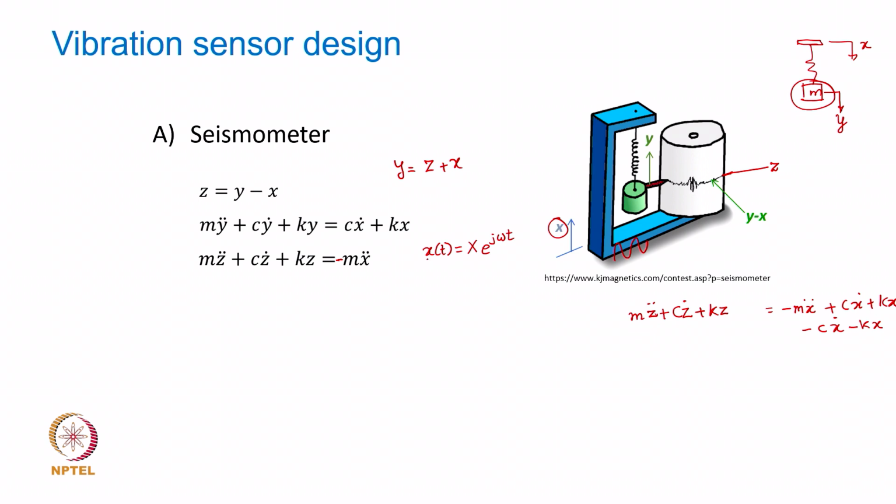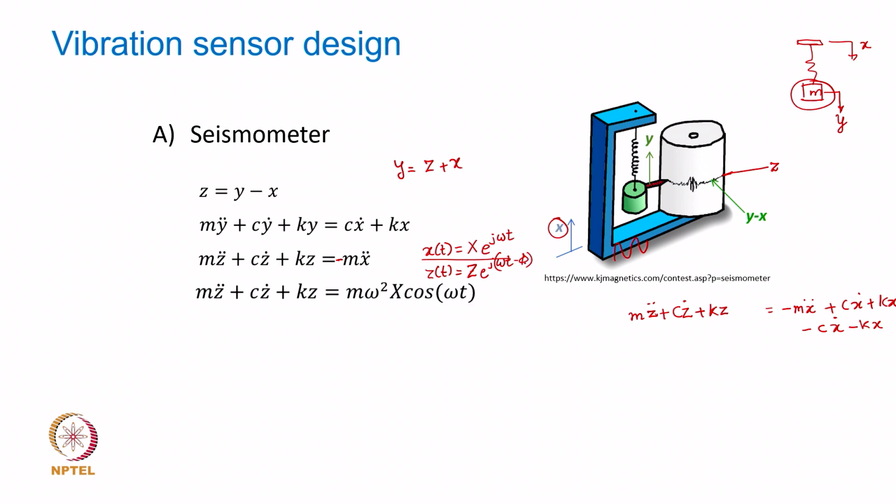I can assume this to be the base input motion, and with this assumption I can substitute for x double dot here, and the corresponding response z is going to be capital Z e to the power j omega t, and then if you want to add some phase because of the damping, you can do that.